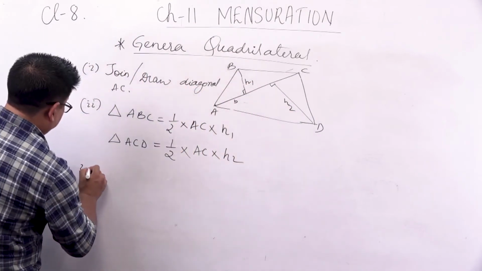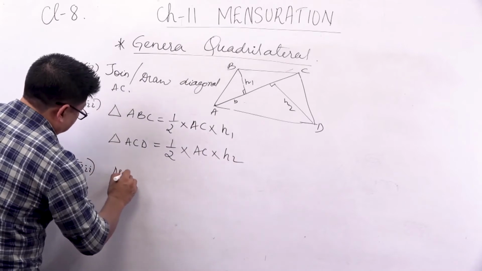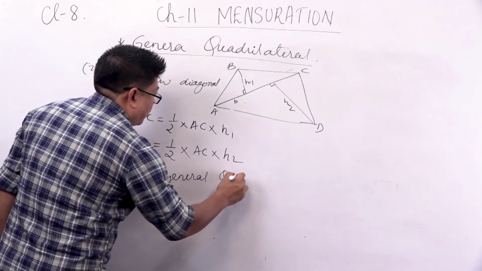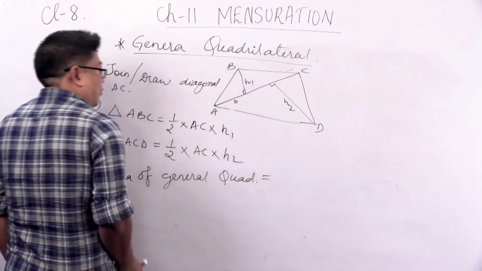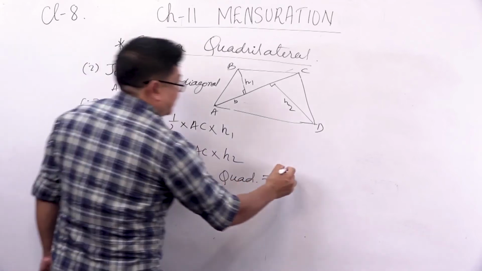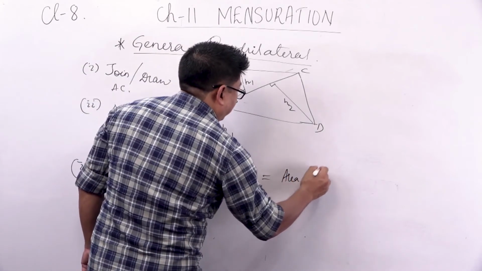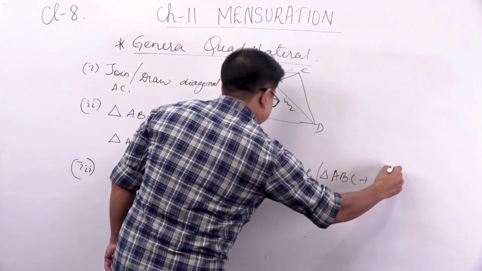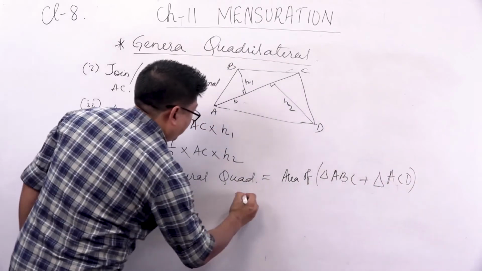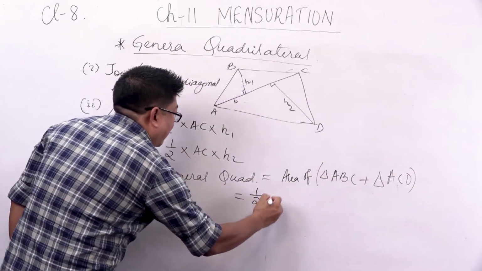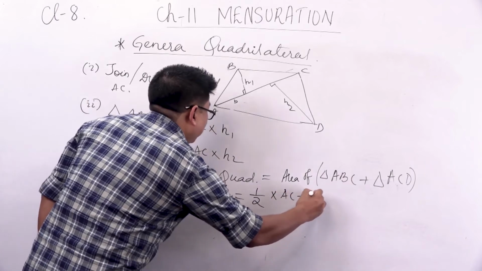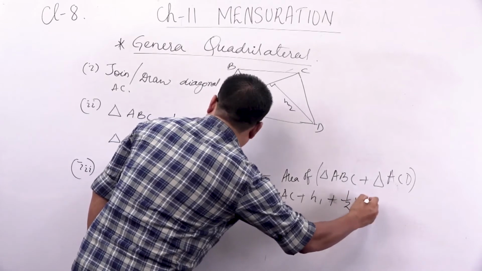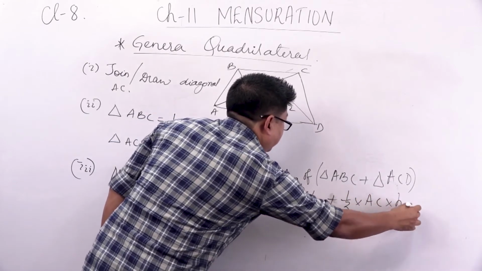Okay? So in the final step, area of general quadrilateral, okay, will be addition of this and this. Area of triangle ABC plus triangle ACD. So when we add these two, we get half into AC into H1 plus half into AC into H2.